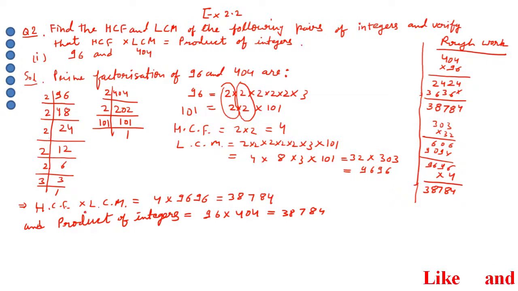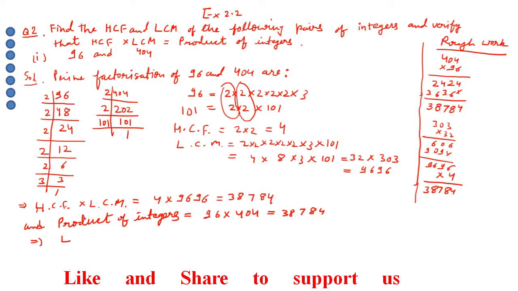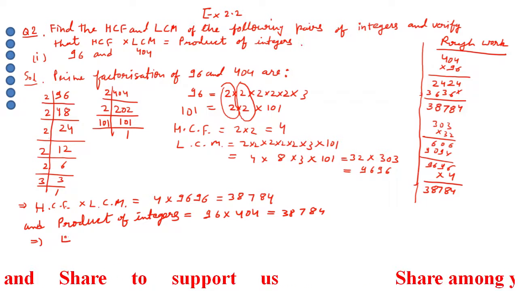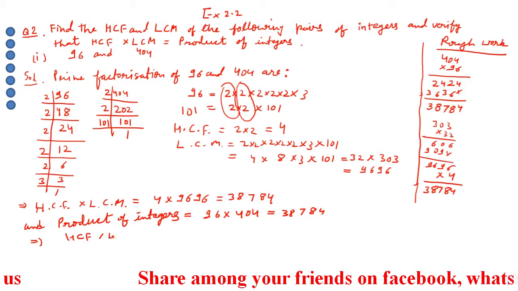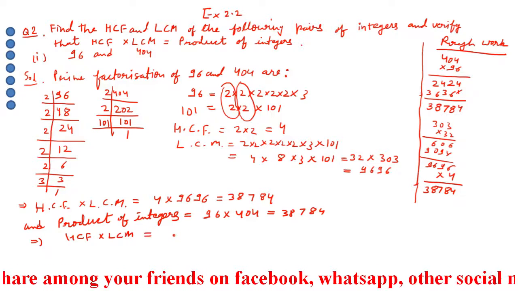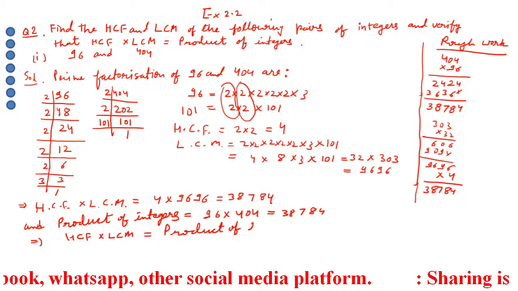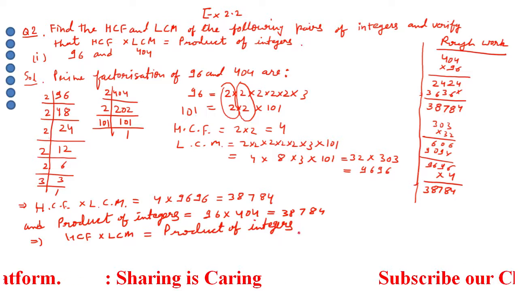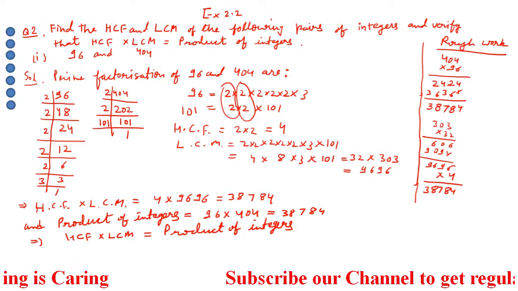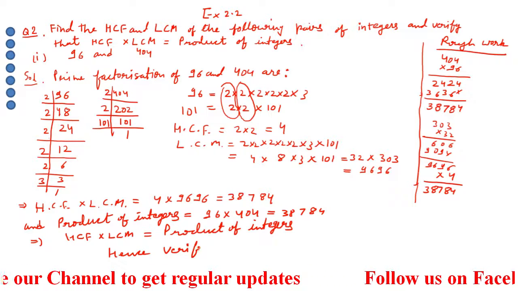So we obtained that the HCF and LCM product is the same as the product of the integers. So we write down, which implies HCF multiplied by LCM is equal to the product of integers. So the result is verified, so we write finally here, hence verified.